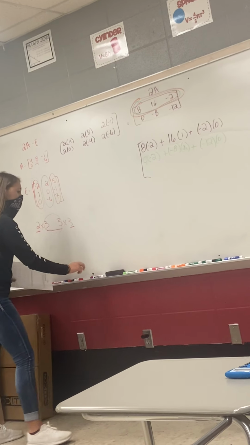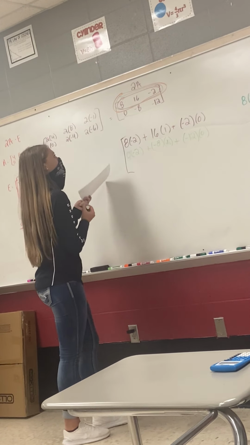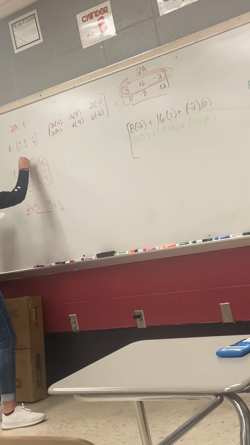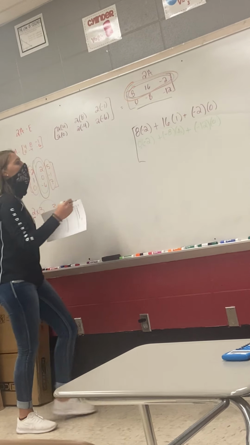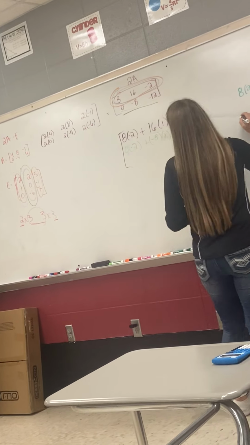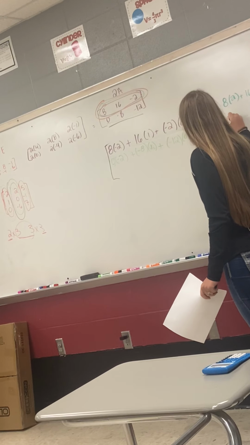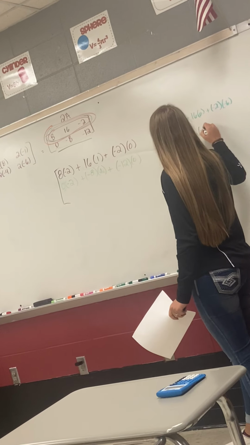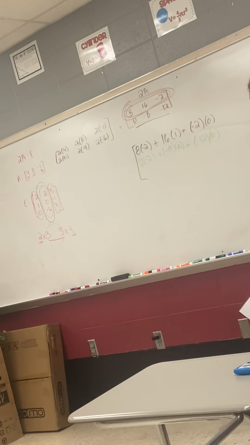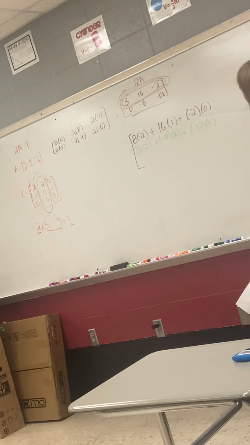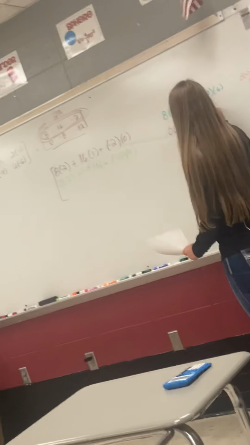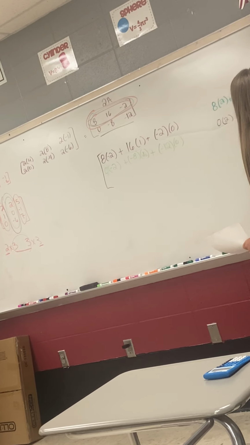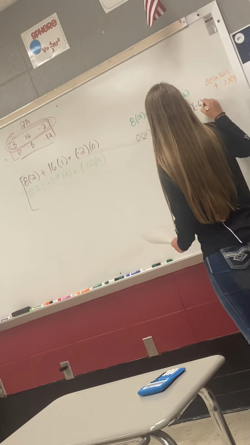Now we're going to do one more time this times this middle one. So we're going to have 0 times 2 plus negative 8 times 0 plus negative 12 times negative 6.